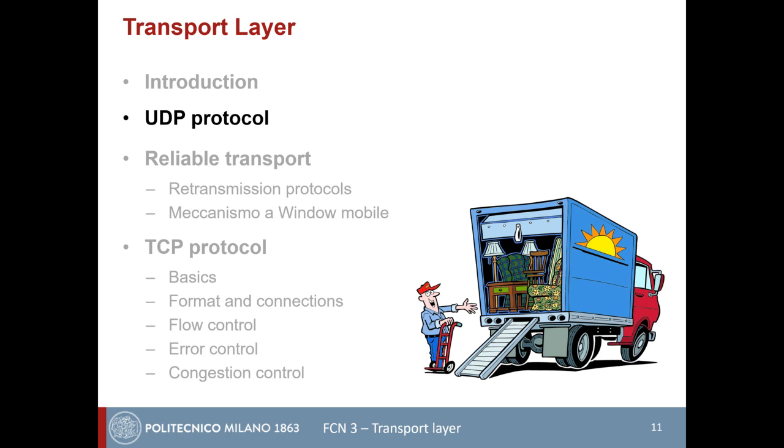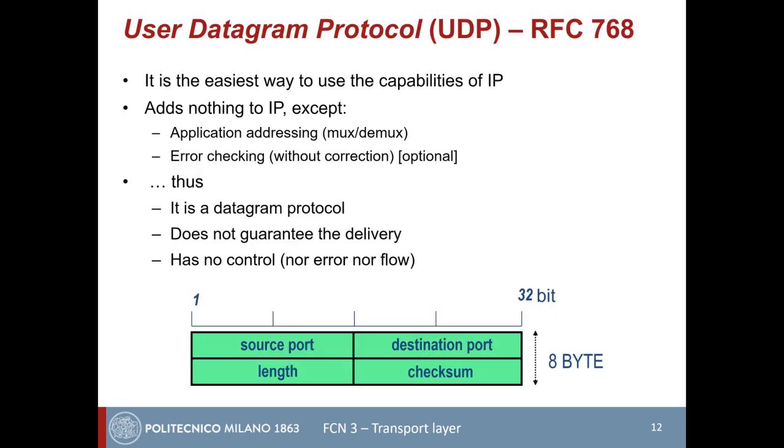The acronym UDP stands for User Datagram Protocol, and the name recalls the fact that the segment, that is the protocol data unit at the transport layer, in the case of UDP is practically coincident with the packet at the IP layer.